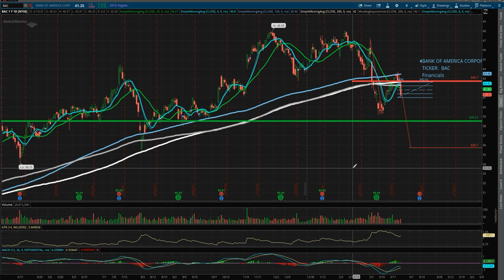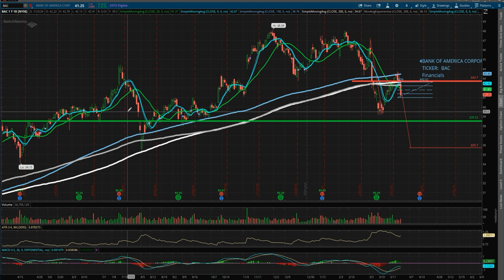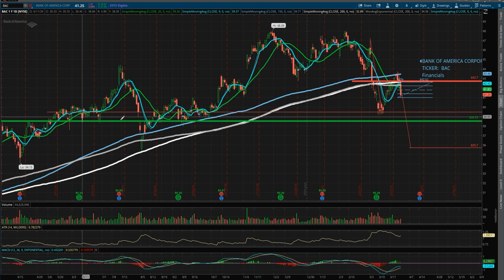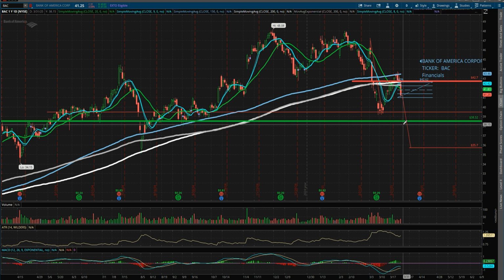That part there was more where we gapped up at. So we did get a gap right in this area here. So that's where our support from there comes from, this window that was opened. So this is just another area of support, but our main support is down here at 38.52.